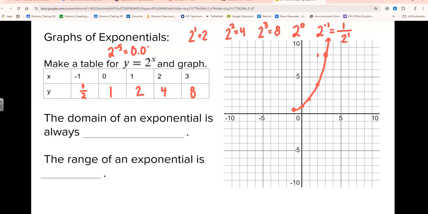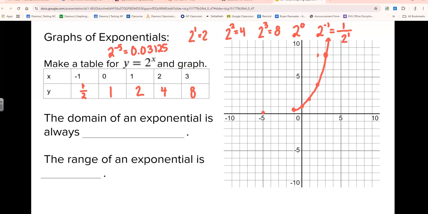3, 1, 2, 5. So that's not 0, but it's so close to 0, it's probably going to look like 0 if we graph it. Is it ever going to go negative?